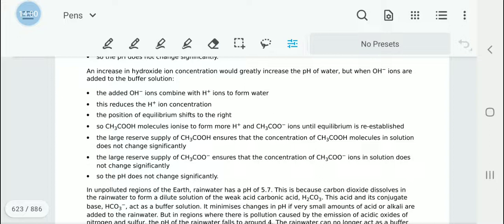For OH- ions, the same thing happens: OH- ions combine with H+ ions to form water, reducing the H+ ion concentration. As a result, equilibrium shifts to the right. More ethanoic acid breaks down to form ethanoate ions and H+ until equilibrium is reached.